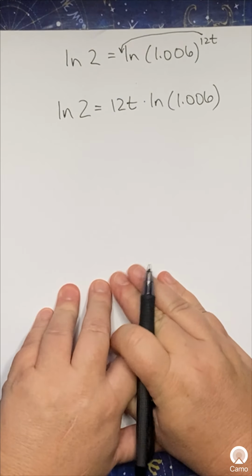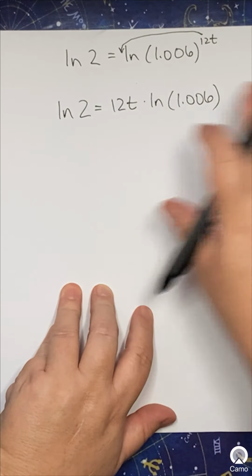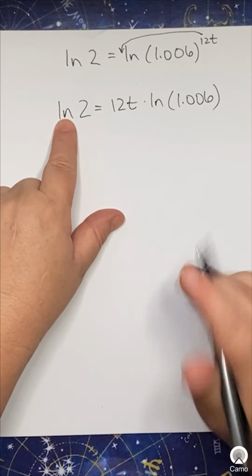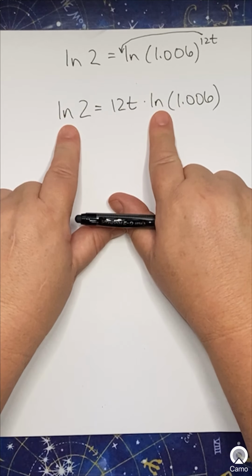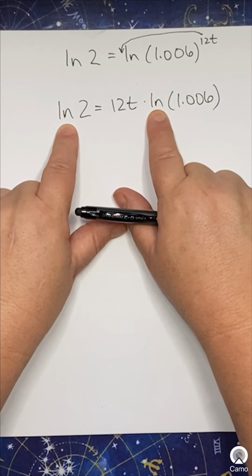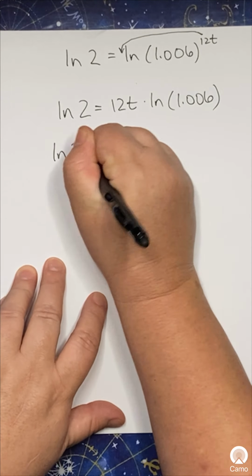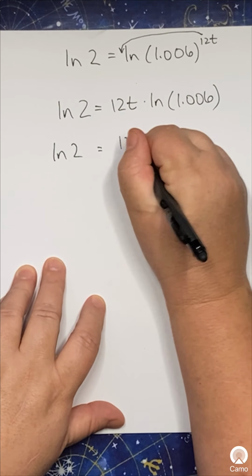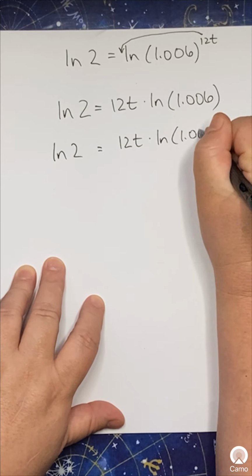Now, your eyeballs are going to see that there are a lot of letters running around. Remember that natural log is not a variable. This is actually a calculation that we have to do. The variable is right there. So what we're going to want to do is move everybody that's not that t variable by dividing.